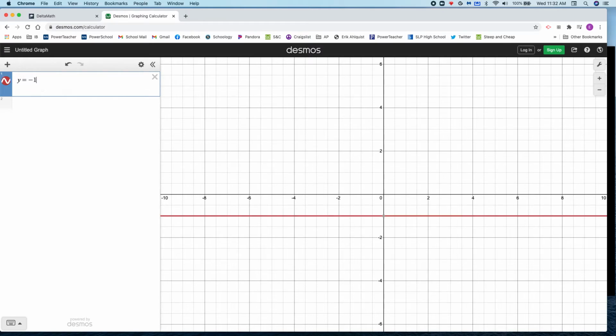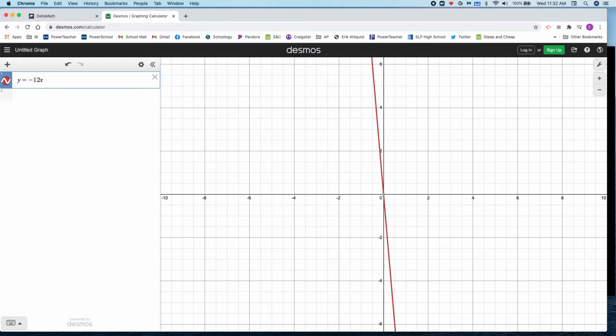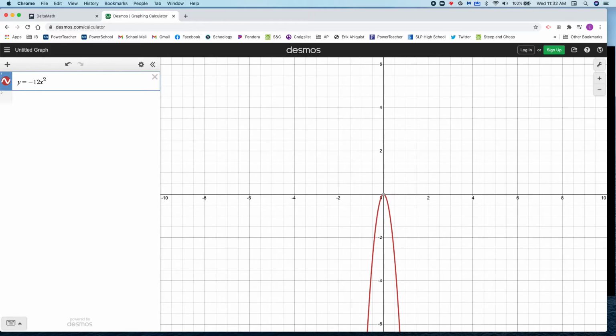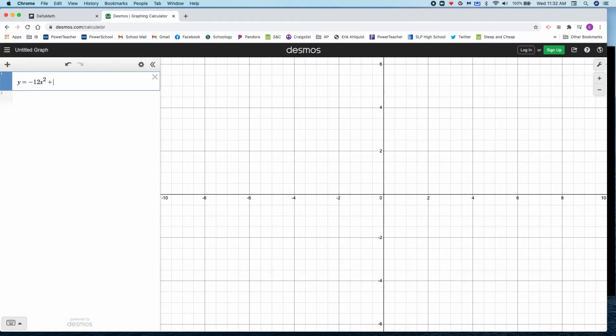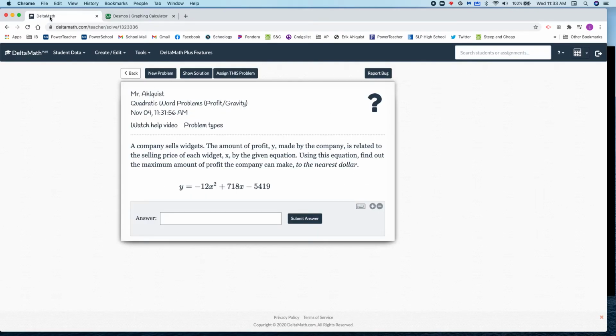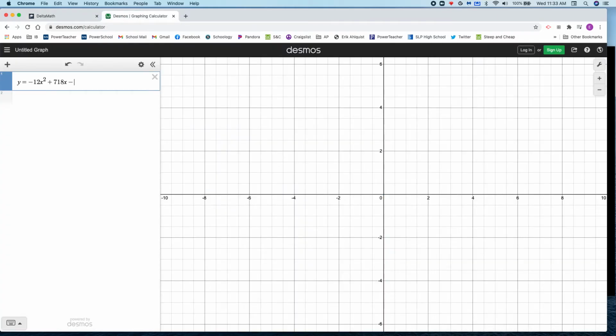Type it negative 12x to the second. And then what else do I have here? Plus 718x. Finally, minus 5,419. And what I get is I don't get really anything.